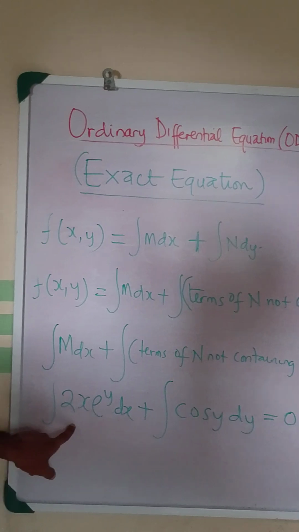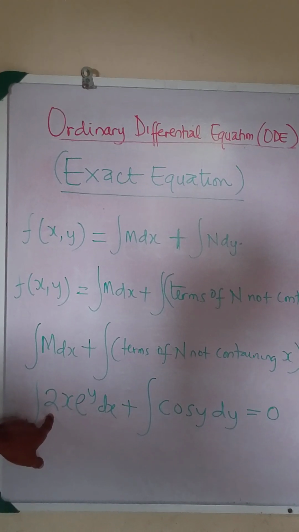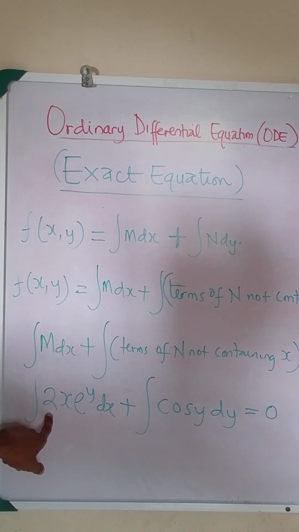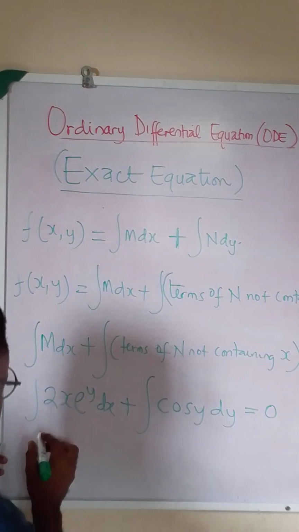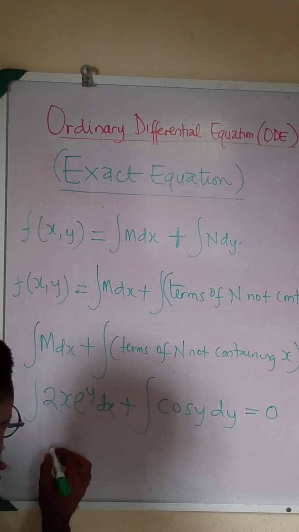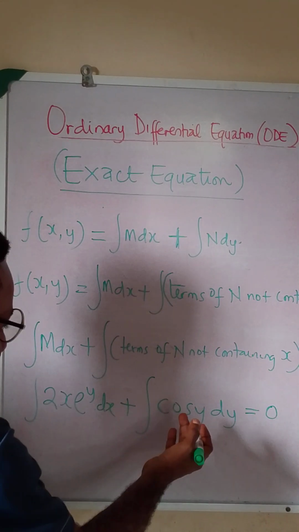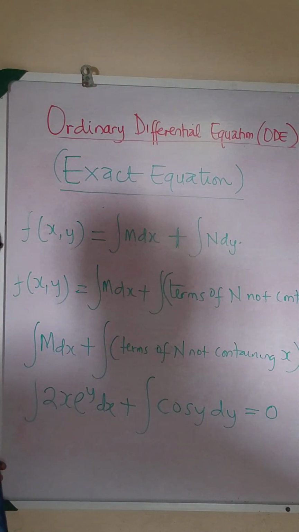Now, this one, you are integrating with respect to x, not to y. And this one you are integrating with respect to y. So when you integrate this, since we are integrating with respect to x, let's bring out what we consider as the constant.